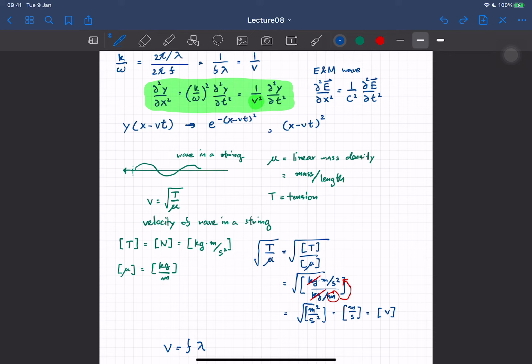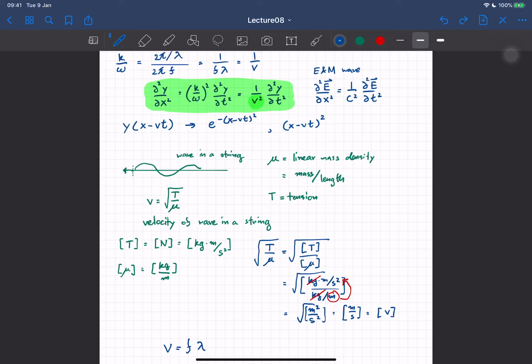Now, you can use the displacement of the particle, or you can use the compression of the air to describe the wave. They are the same thing, but they have what we call a phase shift.